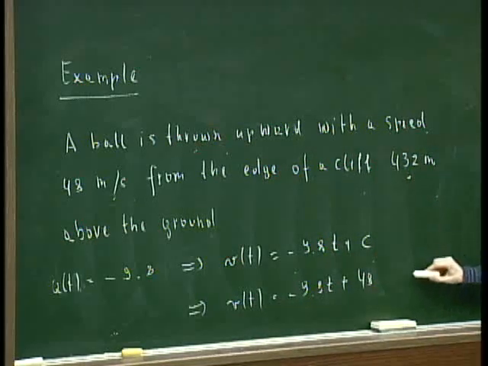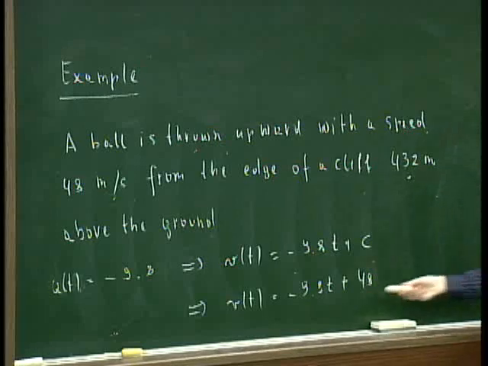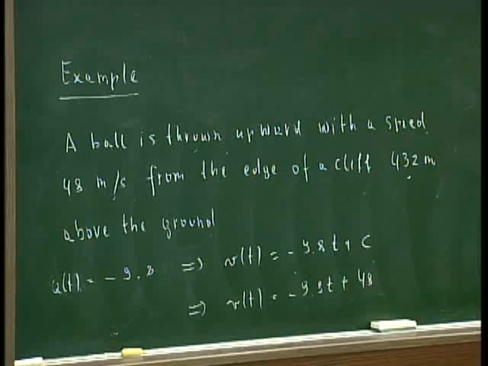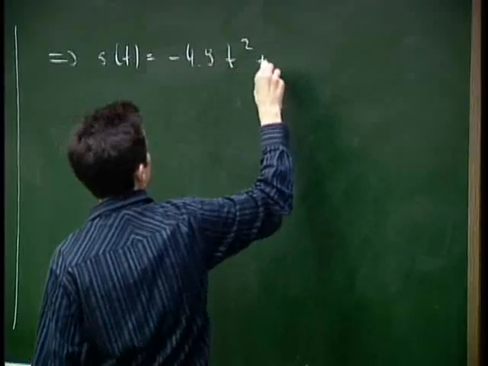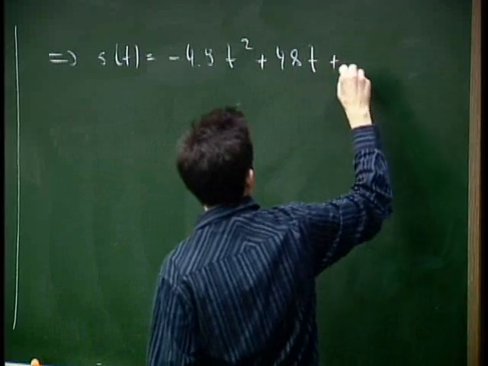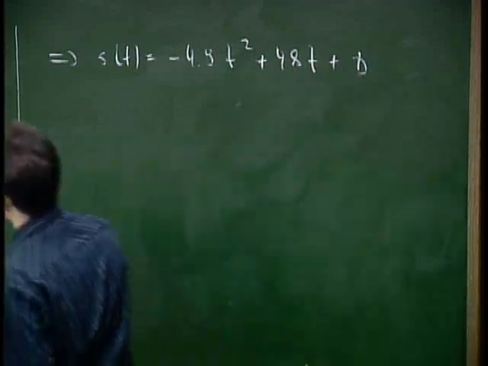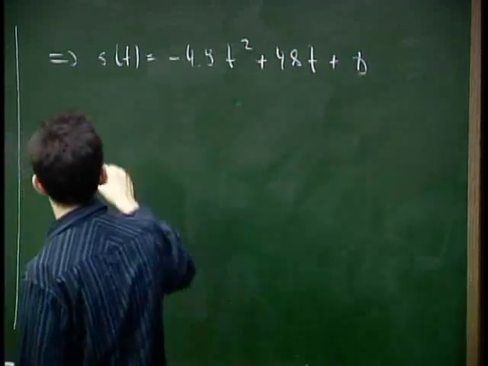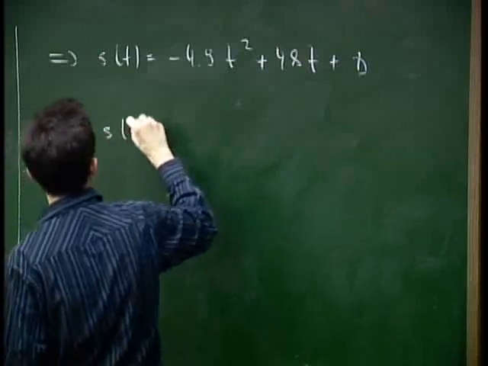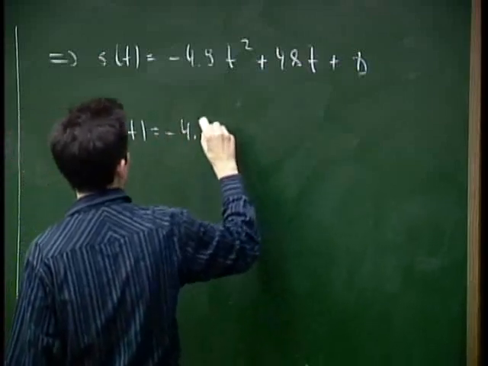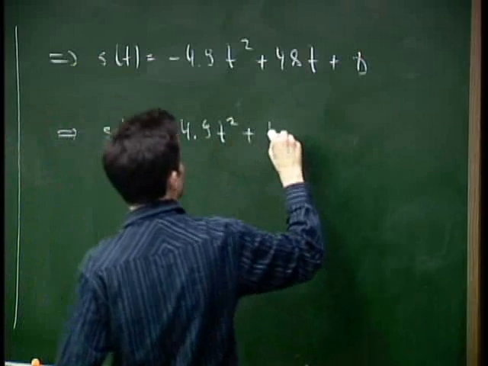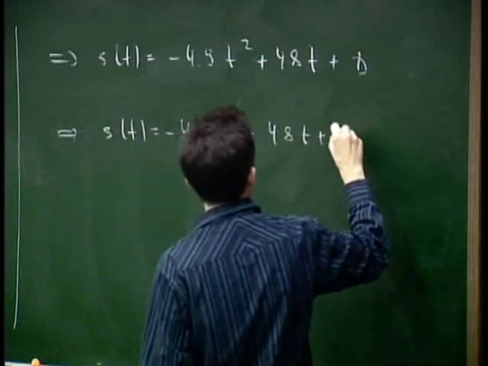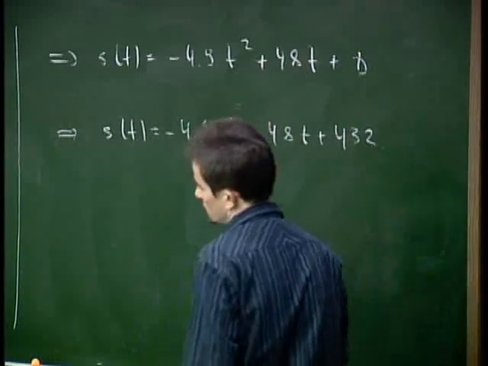And if we want to have the position function, we have to find the antiderivative of this function, which is minus 4.9 t squared plus 48t plus another constant. And this constant is determined by the initial position. So you get that s of t is equal to minus 4.9 t squared plus 48t plus 432.